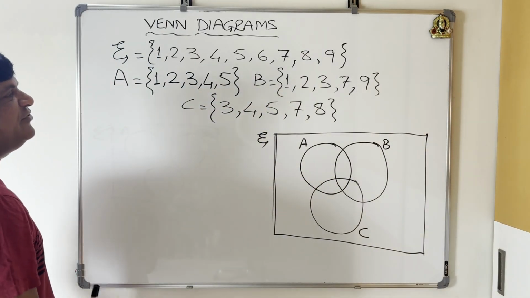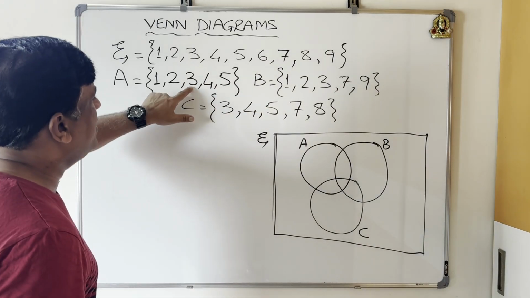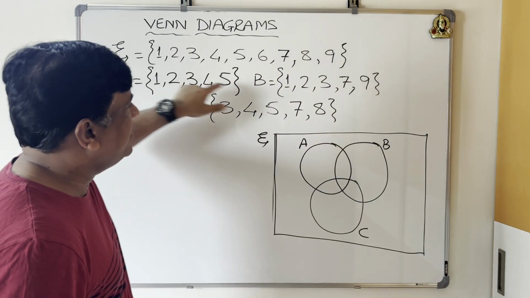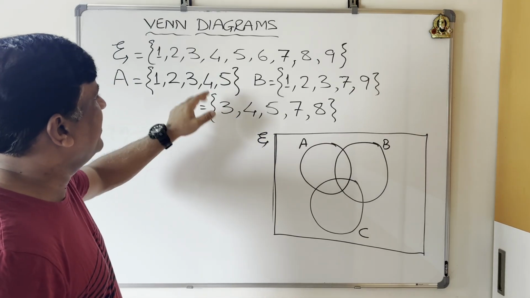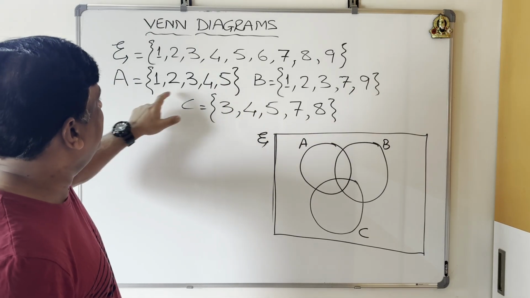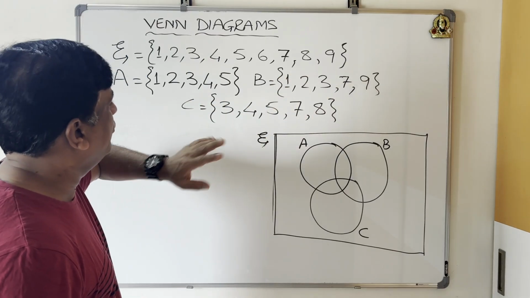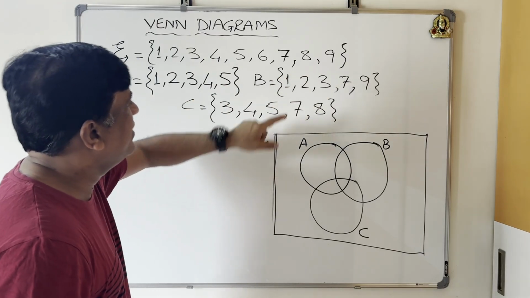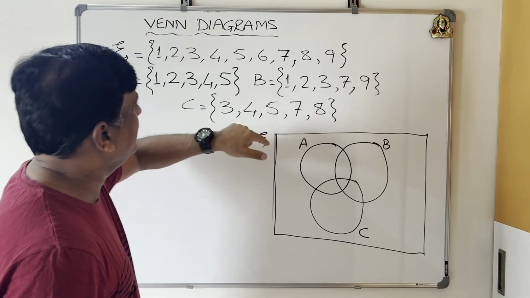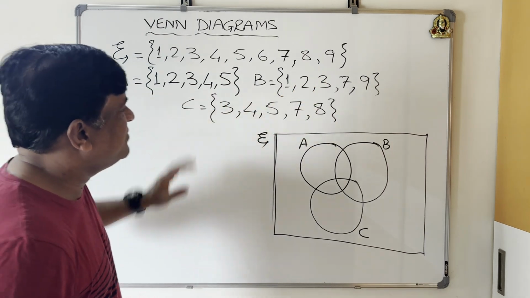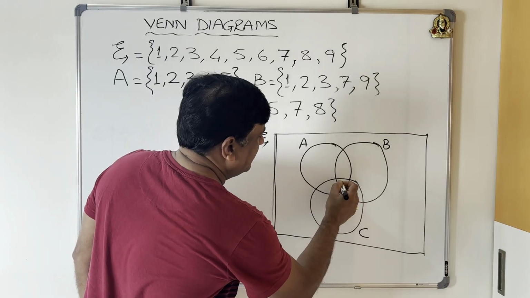Which number is present in all 3 sets? There is a 3 here, a 3 here, a 3 here. Any other number? 1 here, 1 here, no. 4 here, 4 here, there is no 4 there. 5 here, 5 here, there is no 5. 7 there, 7 there. 8 is only here, 9 is only there. So there is nothing else, and I'm going to put the number 3 over here.